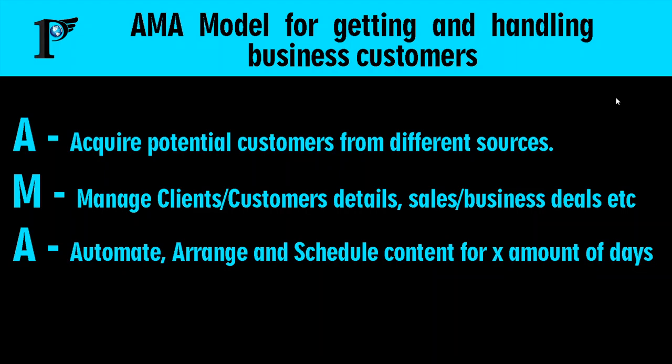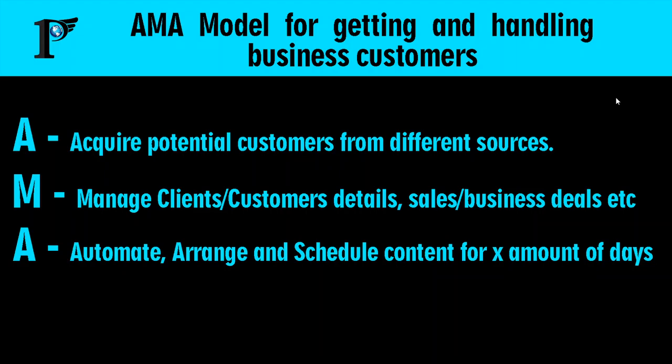So, without wasting much time, let's look at what this AMA model really means. As you see on your screen, the A stands for acquire potential customers from different sources. And what does this mean? It means to know your distribution, to know where you can likely get your customers from.